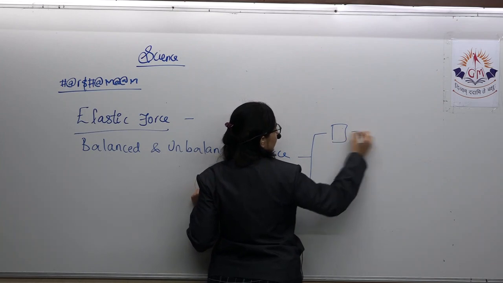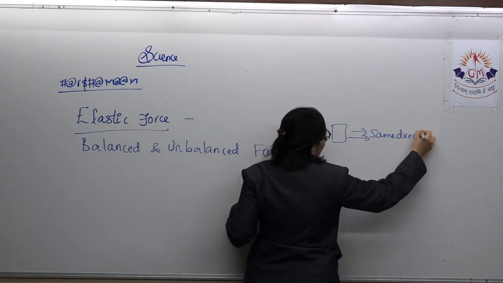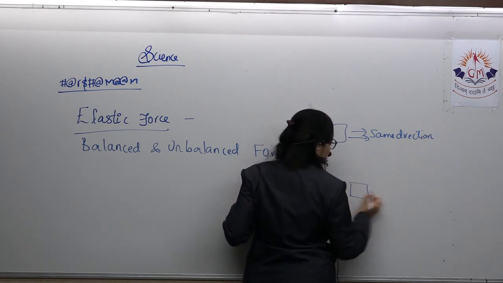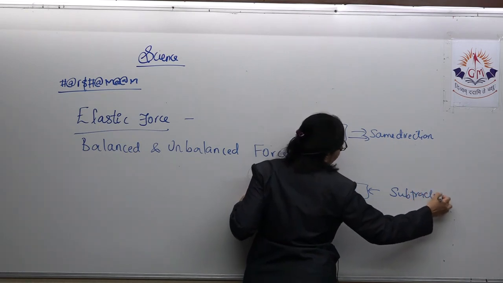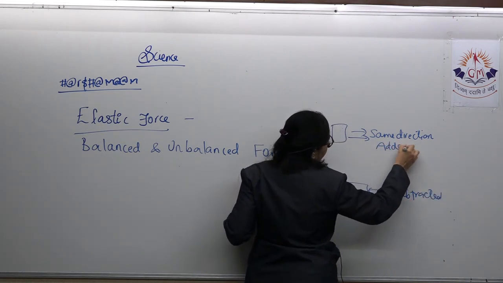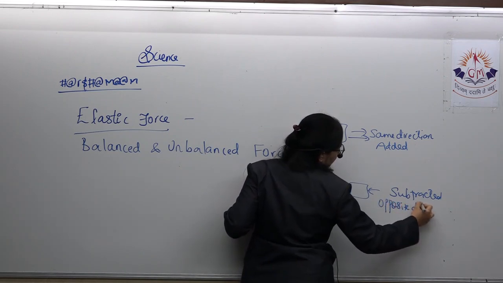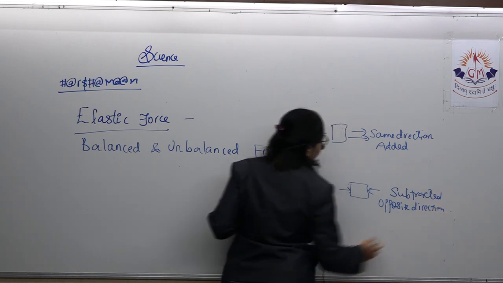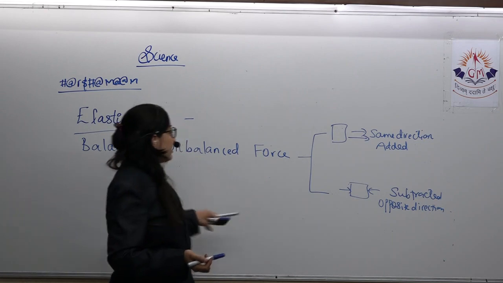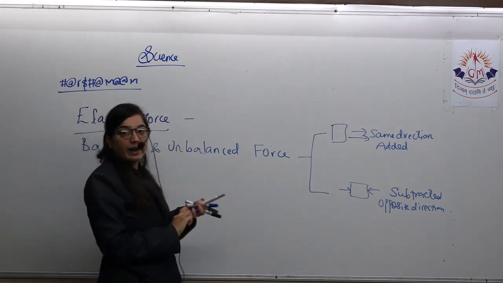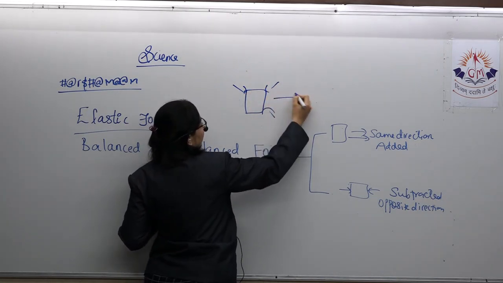If the force is applied in the same direction, then the forces will be added directly. If it is in the opposite direction, then they will be subtracted. Next, in this case only, if it is acting at some angle, then that you are going to study in class 11.